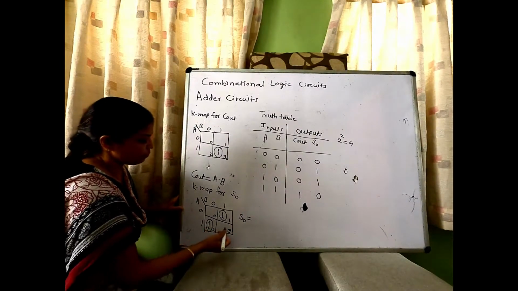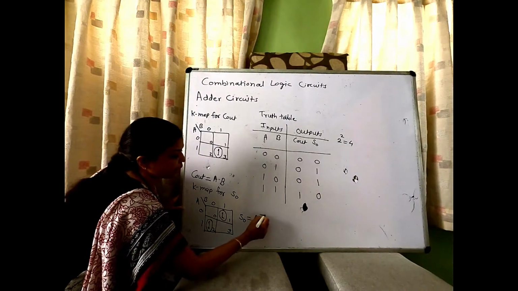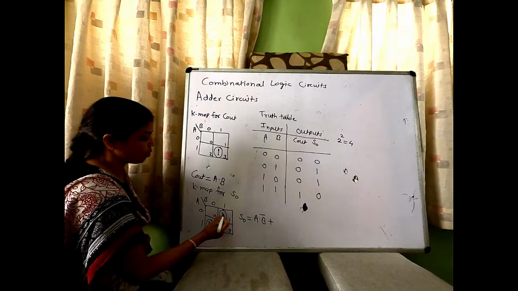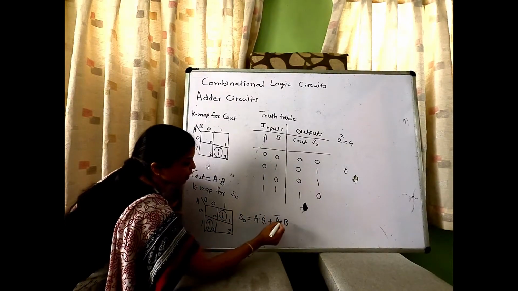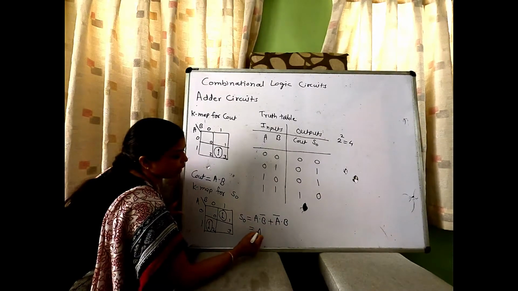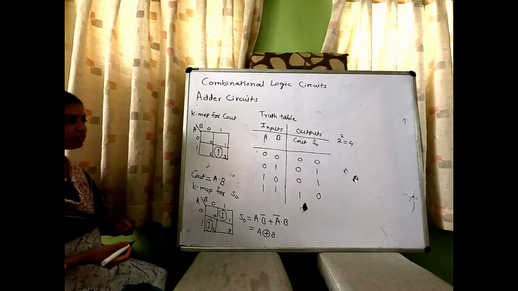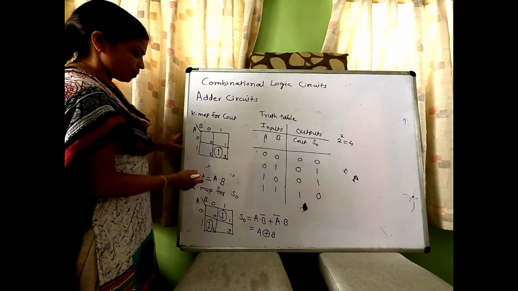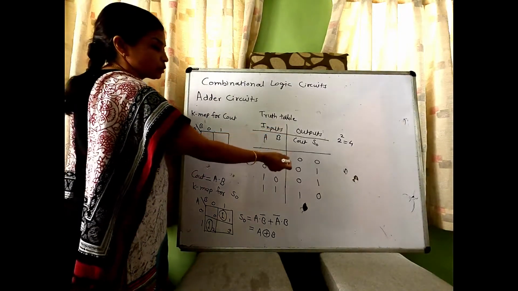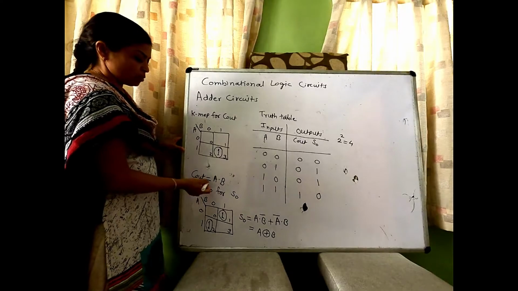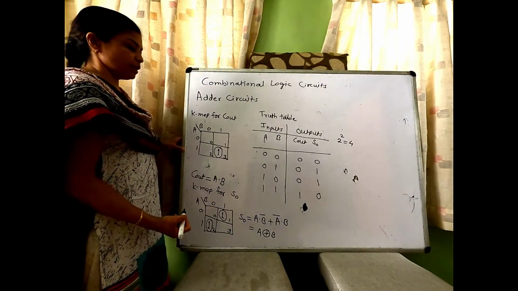For this one, we will write A dot B complement, OR with, for this one, A complement dot B, and this is nothing but A XOR B. So here we have found the equations for both output variables: Cout as A dot B and sum output as A XOR B.